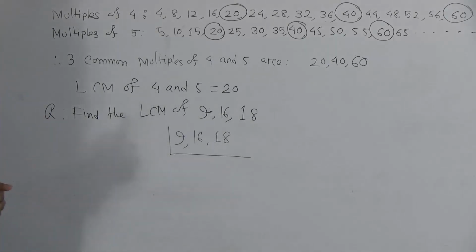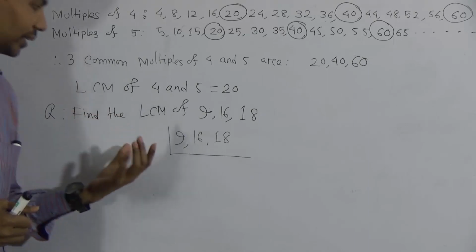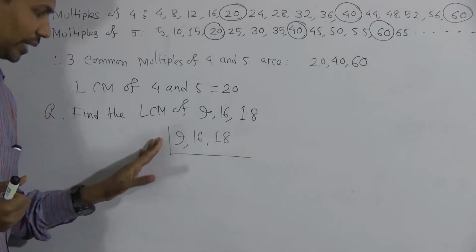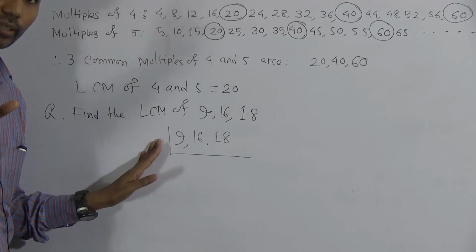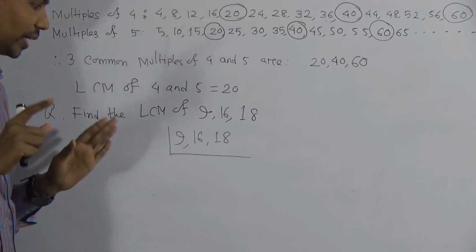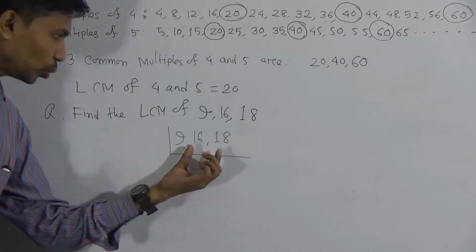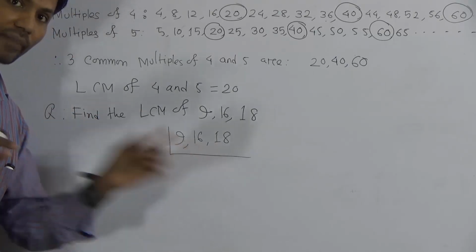Okay? So for determining the LCM by the division method, at first you have to select a prime number. And you have to select a prime number in such a way that at least 2 numbers are divisible by that number.